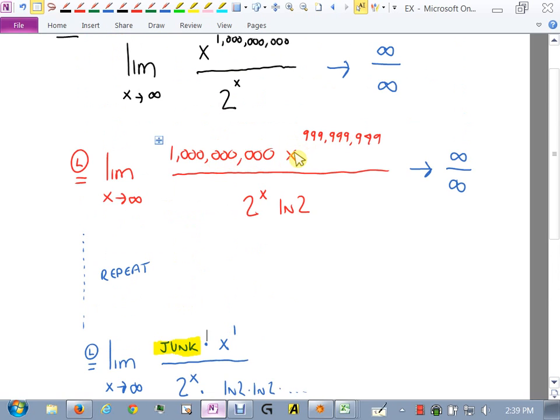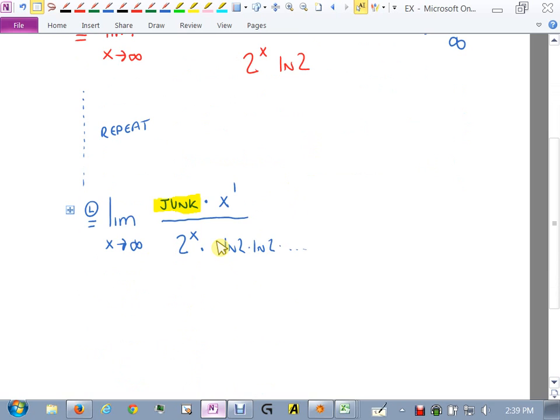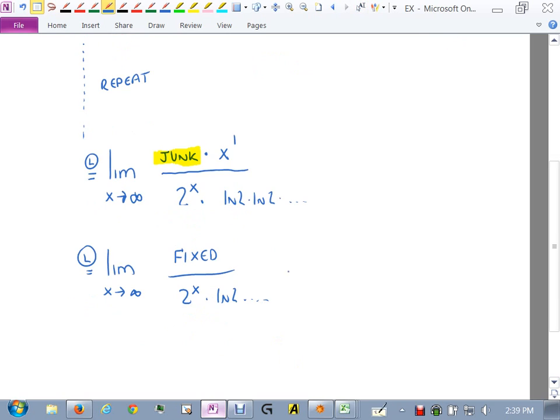The next one that would come down would be 999,999,999. Now the next time through, your numerator would be a fixed number, and your denominator would be 2 to the x times natural log 2, dot, dot, dot, and that goes to 0. Does that make sense? You would never repeat it that many times. This one would be done just by thinking through it, seeing the pattern.